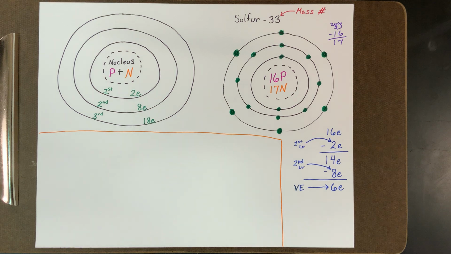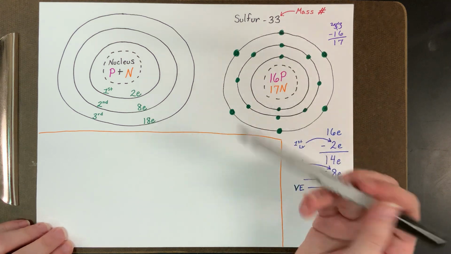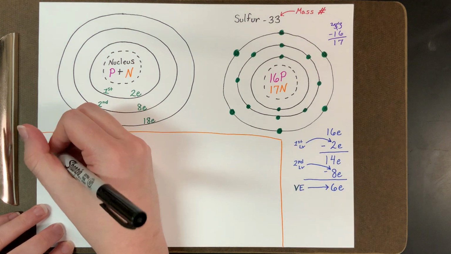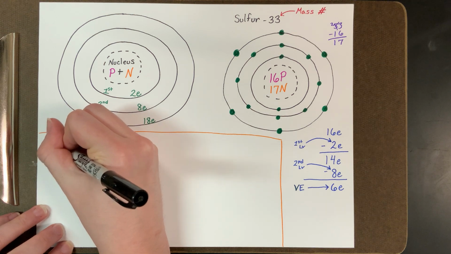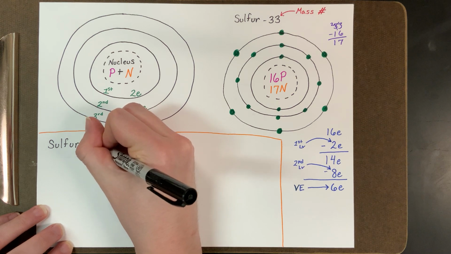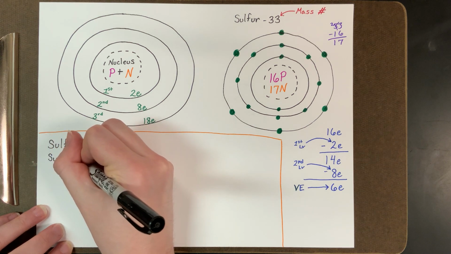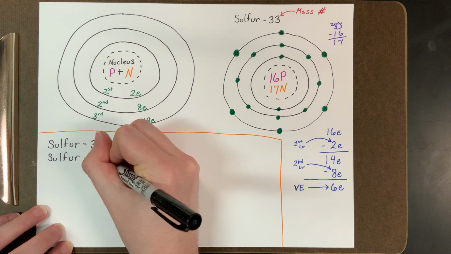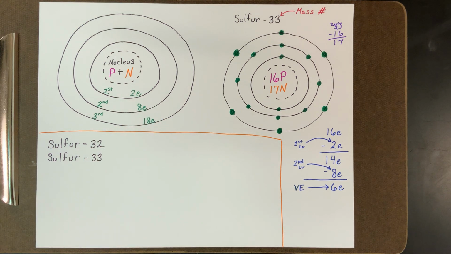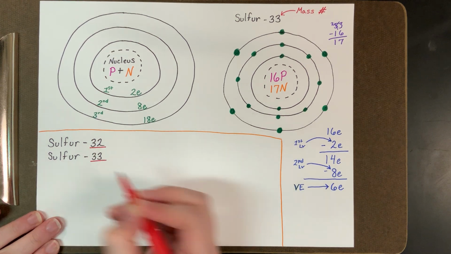So going back to our example earlier with sulfur 33, the mass number is something that can change, and that's what gives me an isotope. So for example, I could have sulfur 32 instead. It's the same element, and chemically speaking, they're gonna act alike, but they're still different because the mass number right here is different.